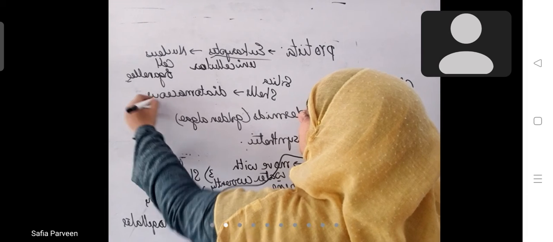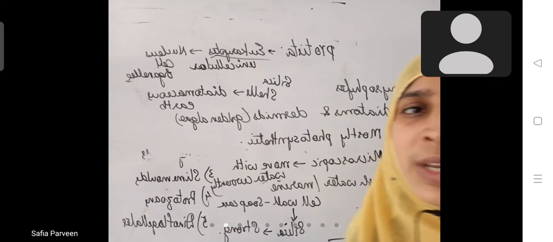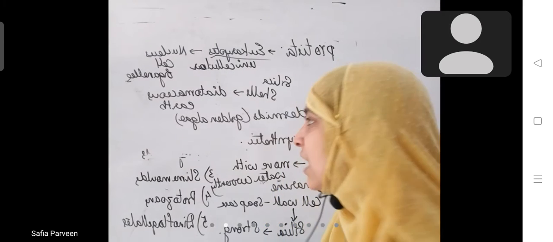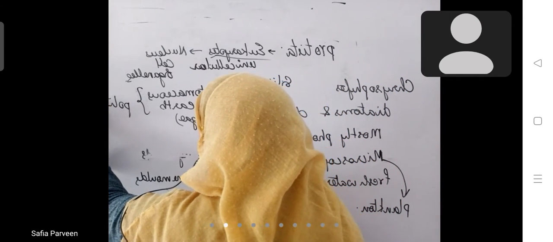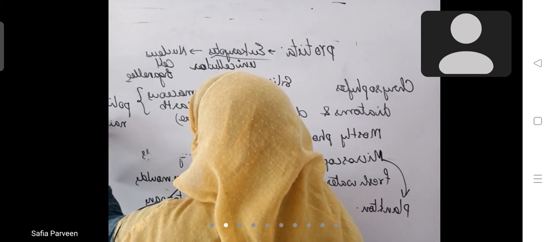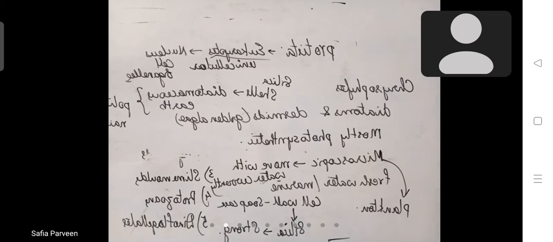diatomaceous earth. All silica shells are present, a white colored floor, it looks very nice and shiny, and is used for polishing, nail polish making, etc. They have a very shiny appearance.